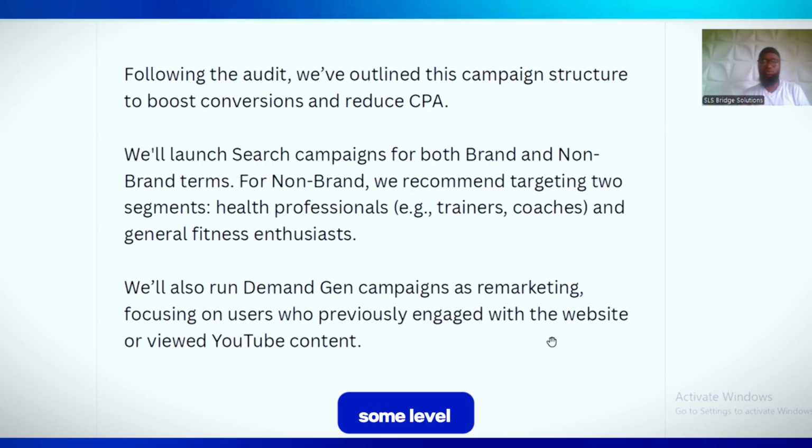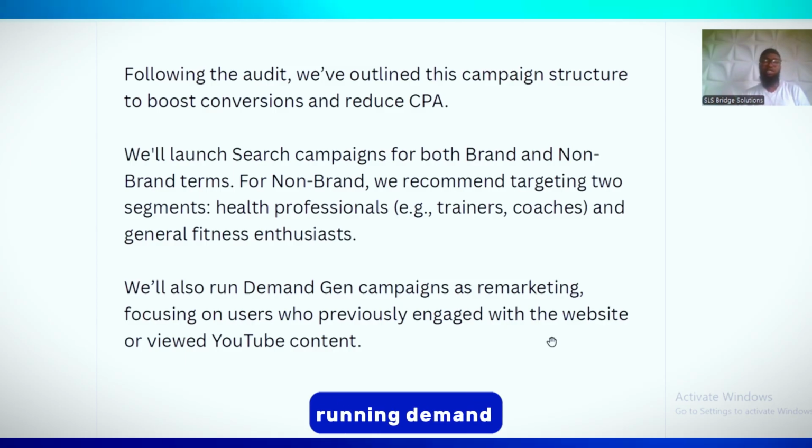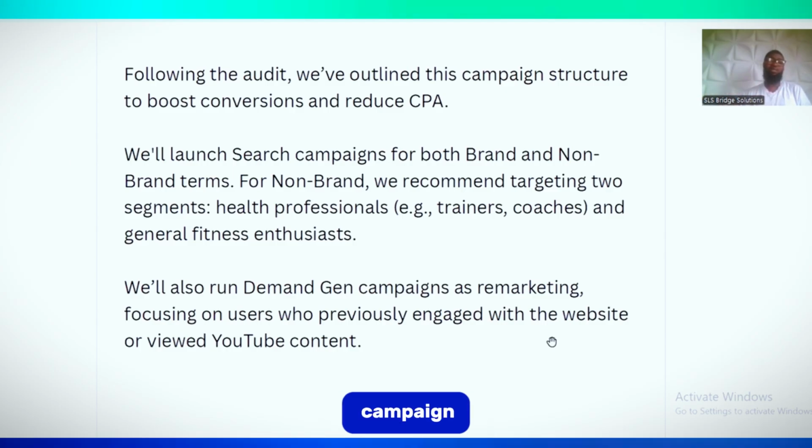They need some more convincing, and we need to drive them down the funnel. So we are also going to run demand gen campaigns as remarketing to focus on users who have previously engaged with the website, people who have viewed the YouTube content or checked out the website.